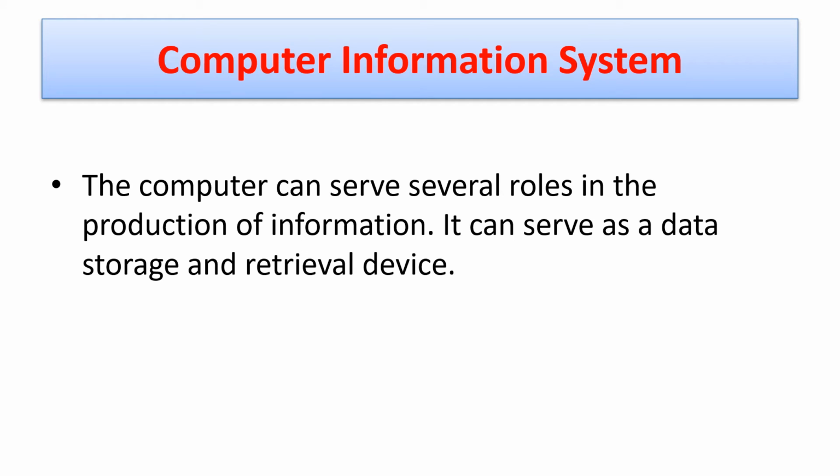Next is computer information system. Computer information systems are information systems that include a computer. This system consists of people, data, programs, and computers.